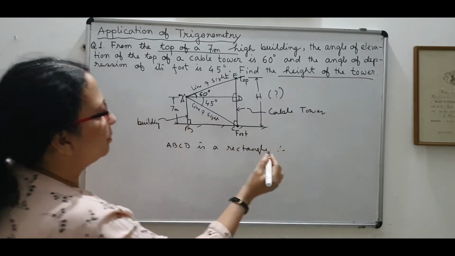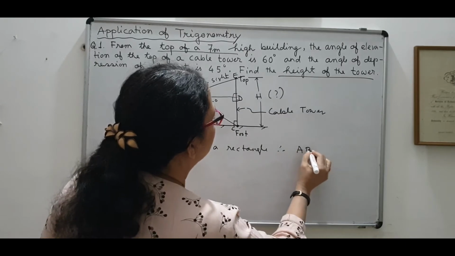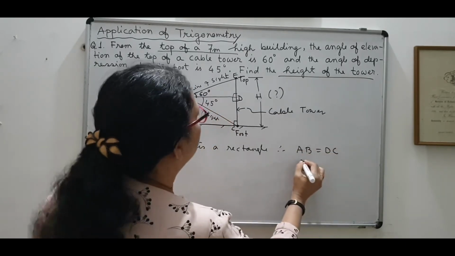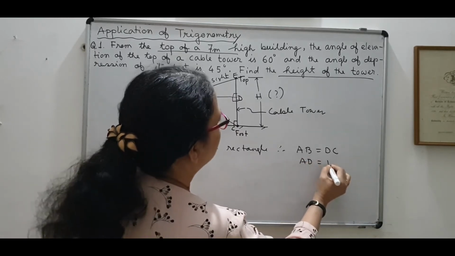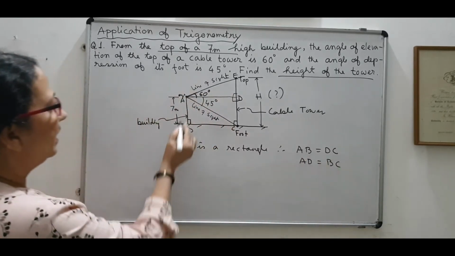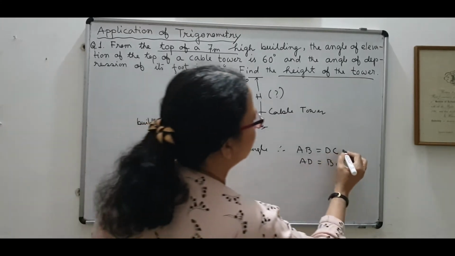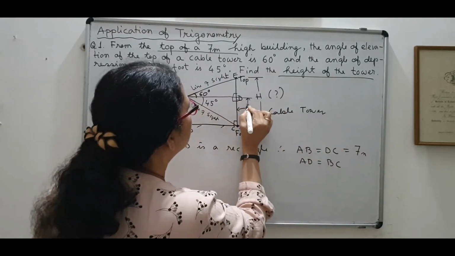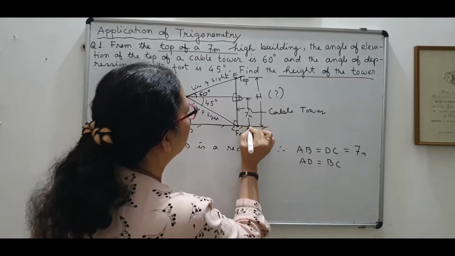Therefore, opposite sides will be equal. AB is equal to DC and AD is equal to BC. AB is given to be 7, therefore DC is equal to 7 meters. So this much is your 7 meters.